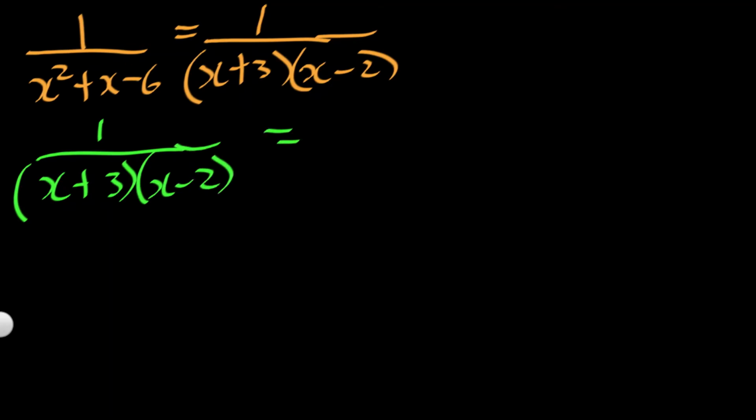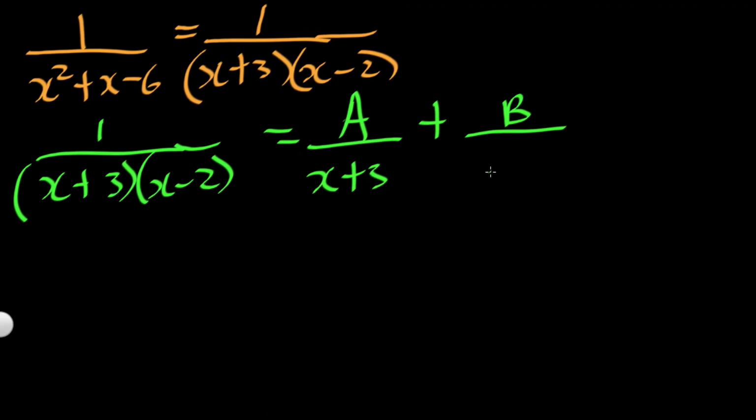Now we go to our formula and we find that the denominator is actually a product of two different linear factors. So the general form will be A over x plus 3 plus B over x minus 2. This is the general format.